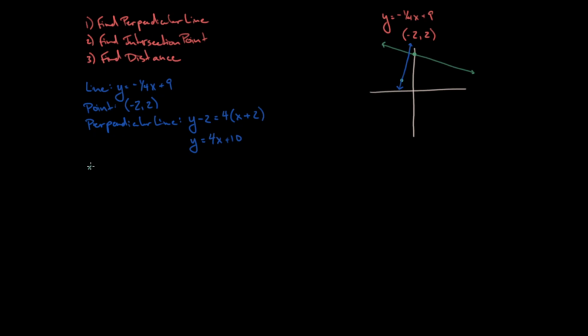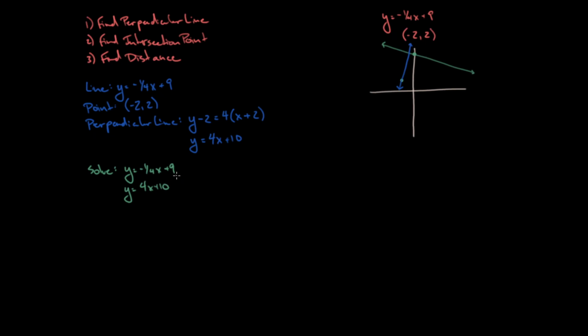I want to solve the system y equals negative 1/4 x plus 9, and y equals 4x plus 10. These are two lines that are intersecting, and I want to find that point of intersection. So these are ready-made for me to solve using substitution.